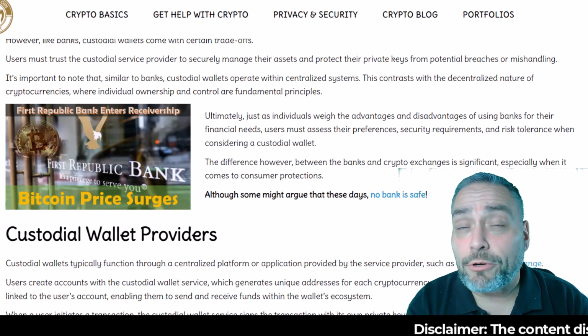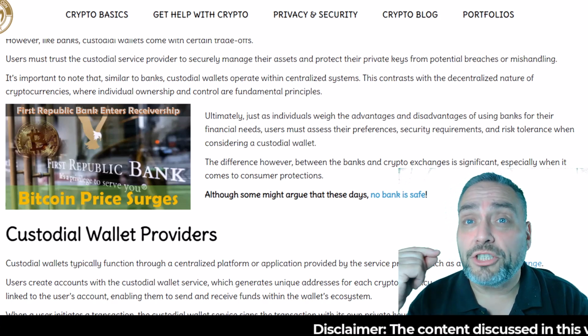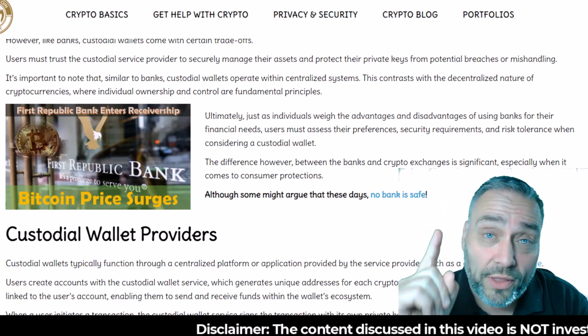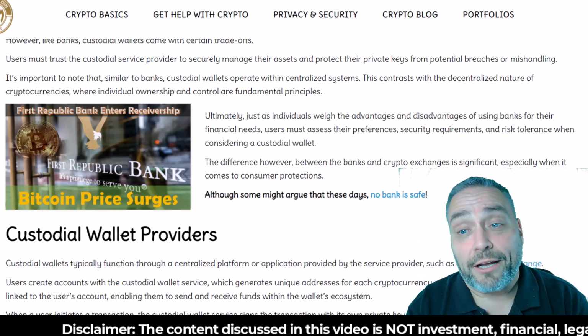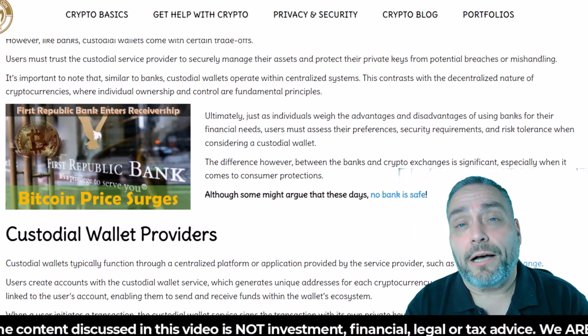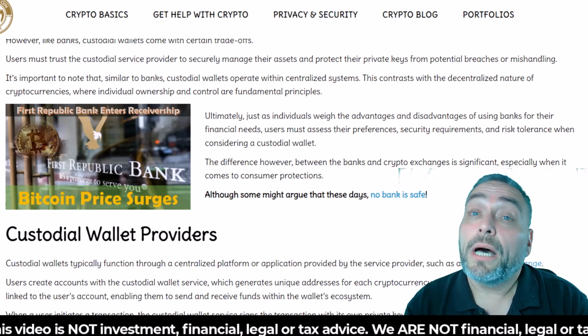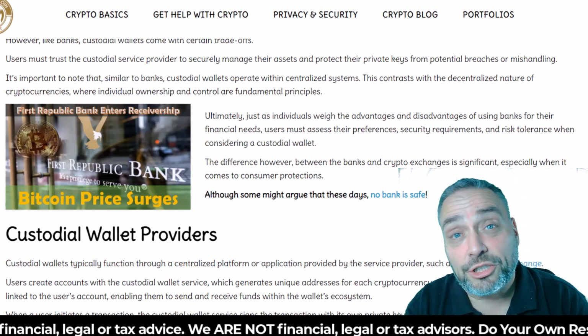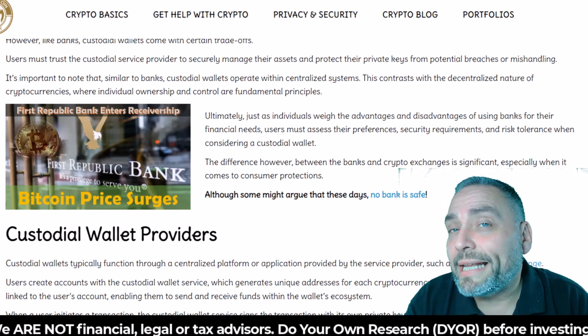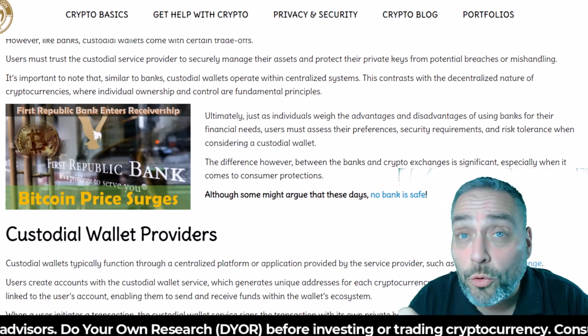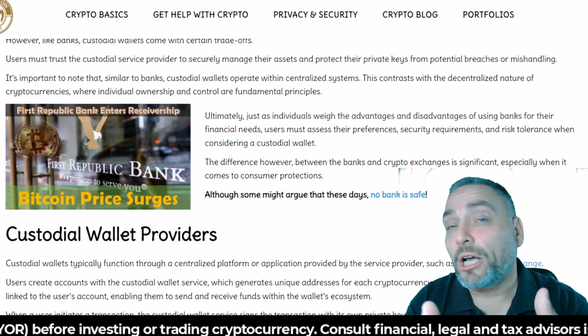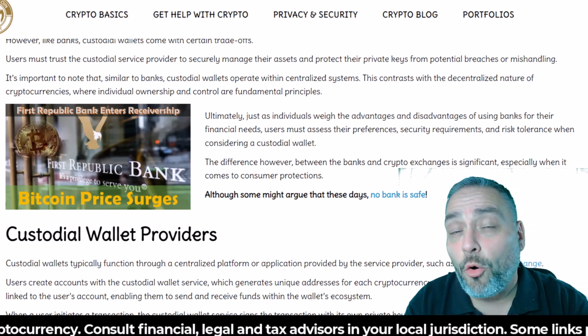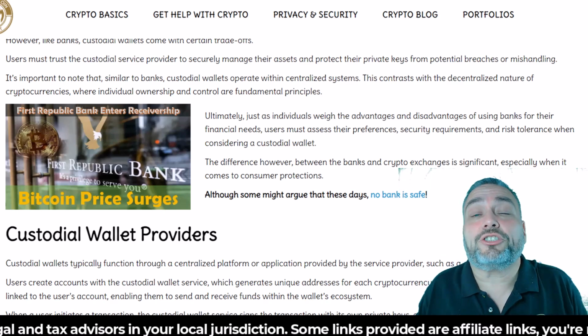Until you take that cryptocurrency off and put it into your own custody where you control the keys, it's nothing more than an IOU. So a government can come in and freeze your bank account. A government could come in and freeze your exchange account. You've already KYC'd, so they know who you are, they know what banks you have connected to it, and they know what you're doing with your money because the exchange is going to tell them.